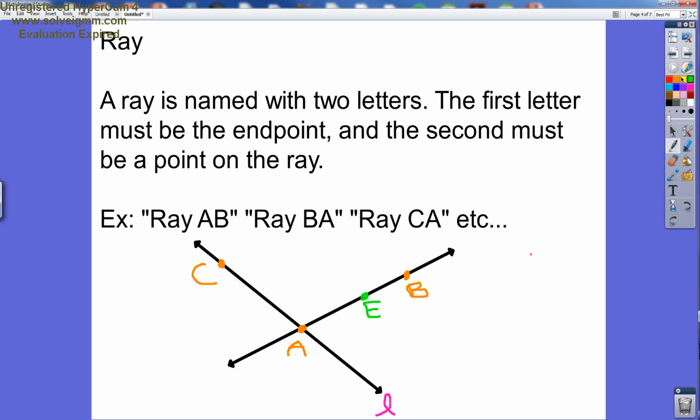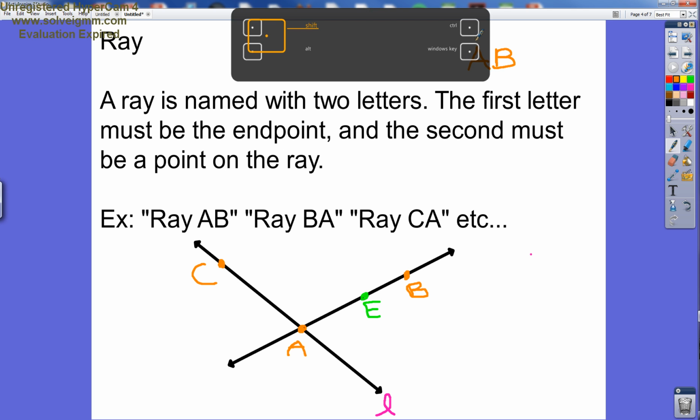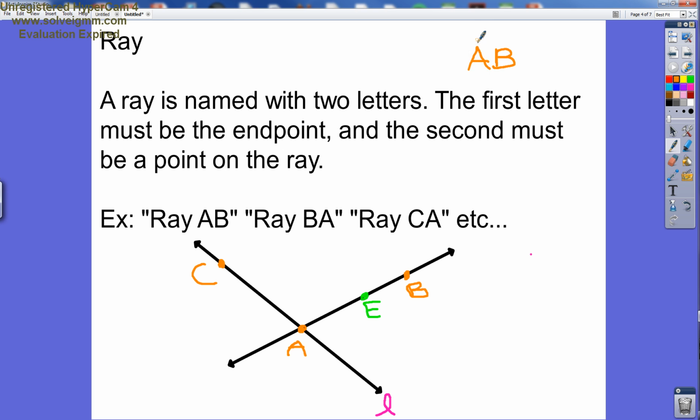So let's say I want to talk about this ray, ray AB. First of all, in order to show that it's a ray, I'm going to give it a hat just like I gave everything else. This hat is going to have one arrow like that.